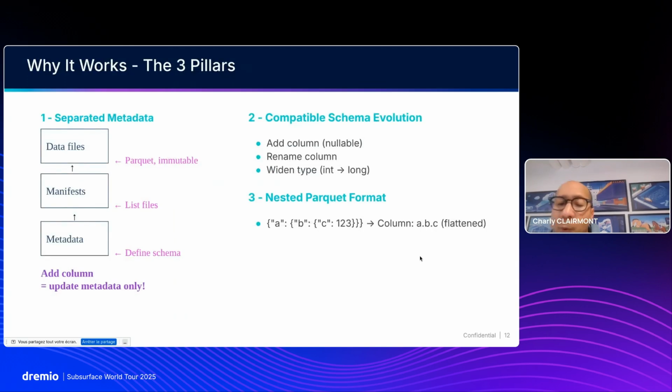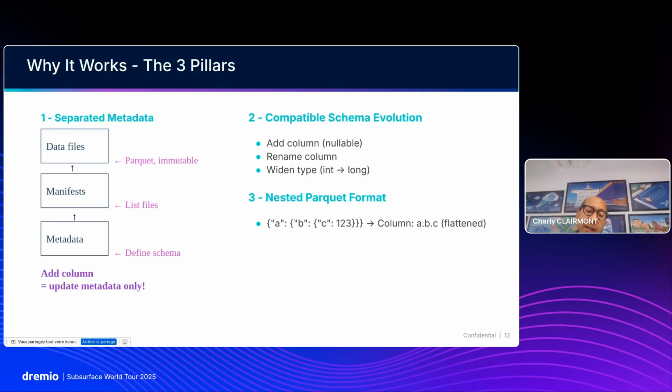In fact, we know why this flexibility was possible: because of the separated metadata of Apache Iceberg and the capacity to add a new column and only update metadata, and also because of the Parquet format and the nested structure of Parquet, something we also have in Apache Iceberg.